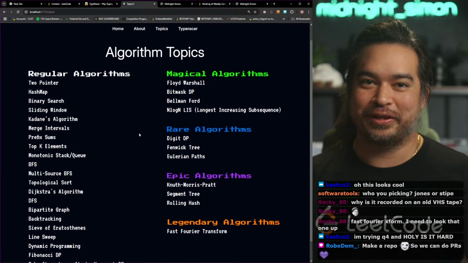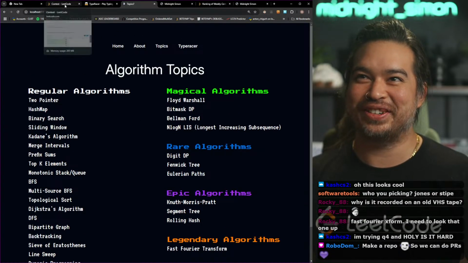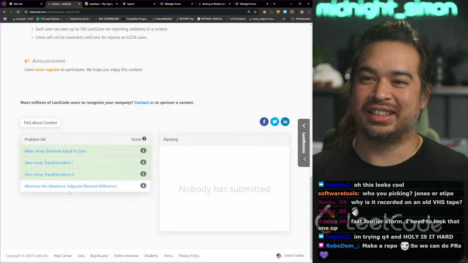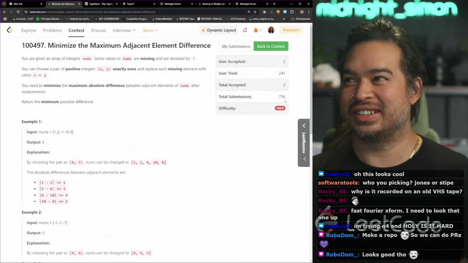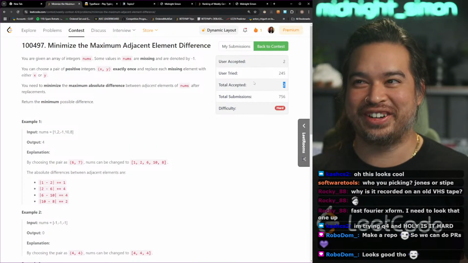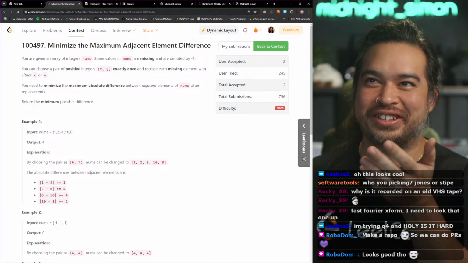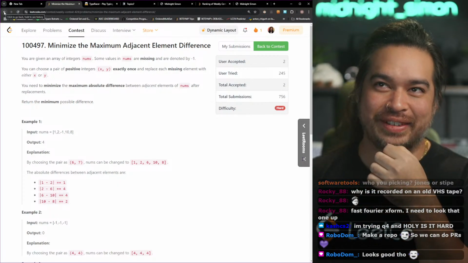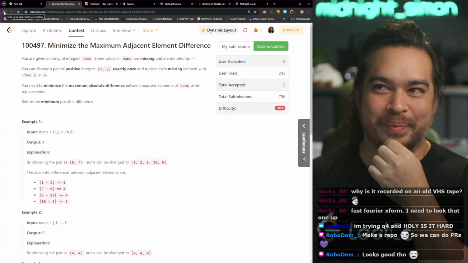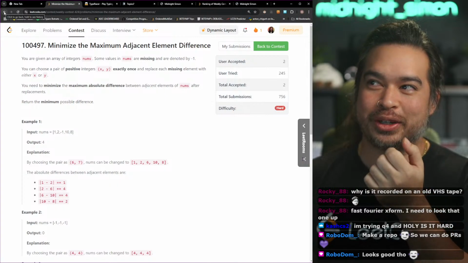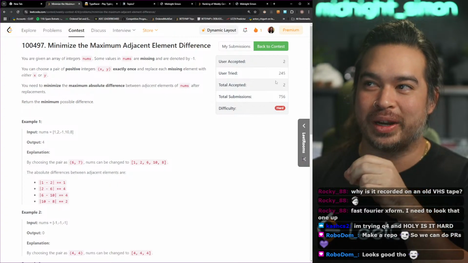I'm trying Q4. Yeah, I'm not even trying Q4, man. Let me see. 2 people have gotten Q4. Right now, I've decided to not even enter the fight into Q4. I know when I'm outgunned, and I'm outgunned right now.